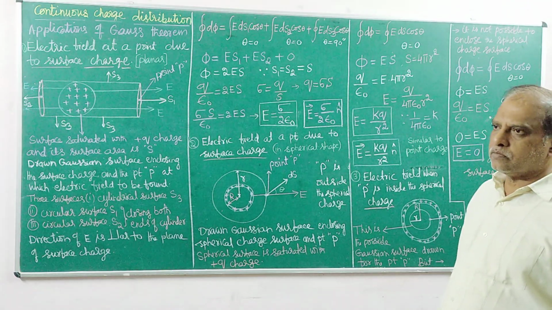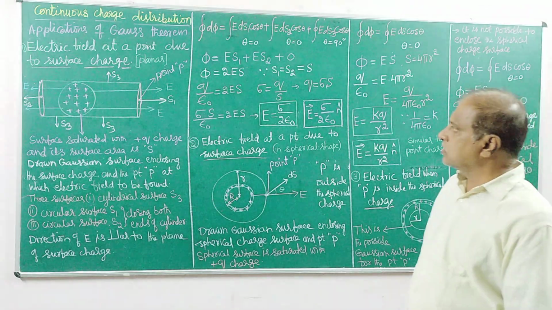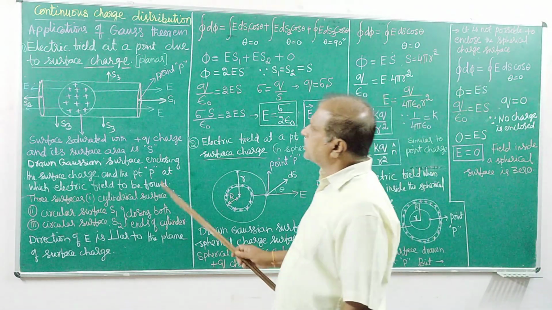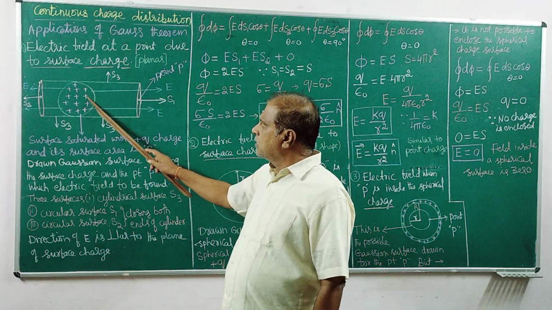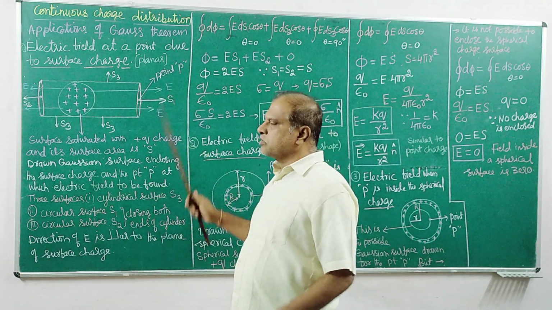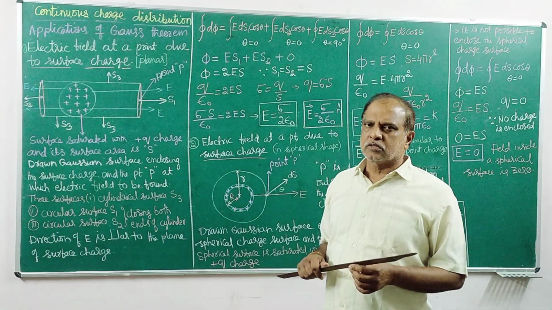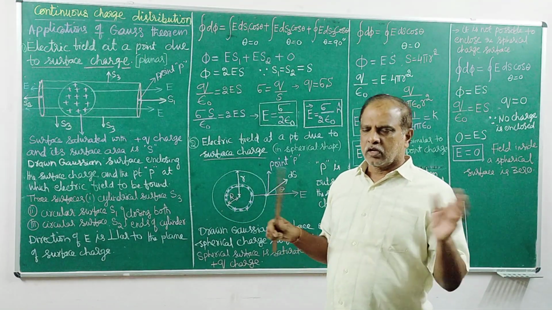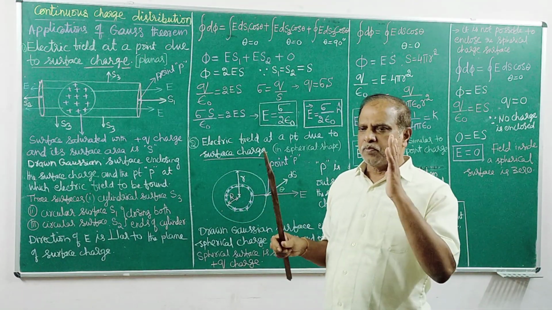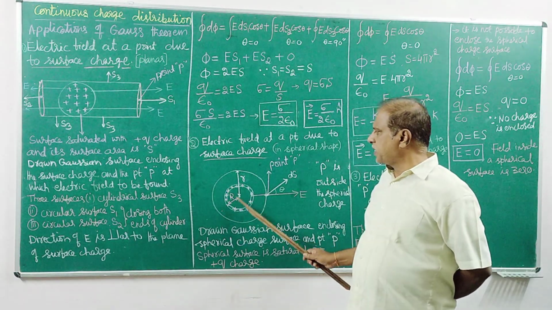Here we have two shapes of surface charge. That is a planar shape, which may be of any shape. Planar means circular, rectangular or any other shape, but with planar shape. And the other is spherical shape.